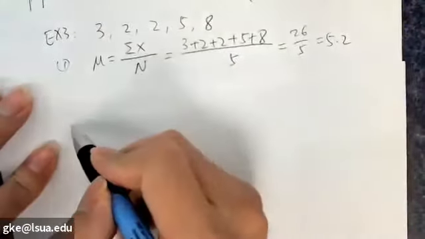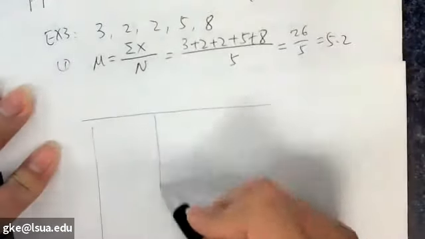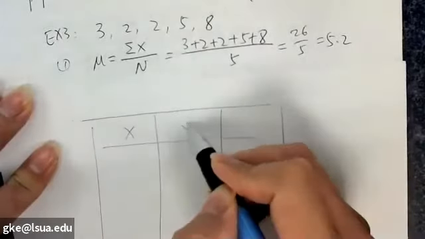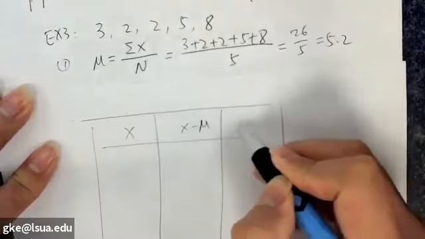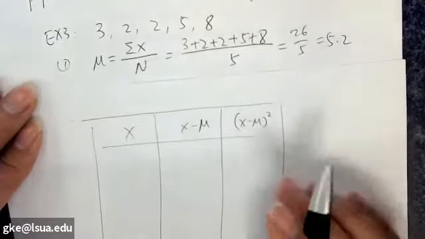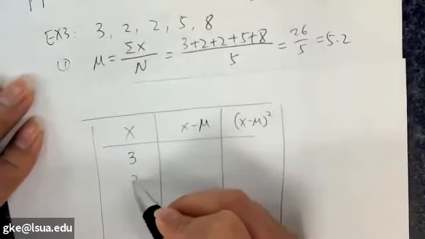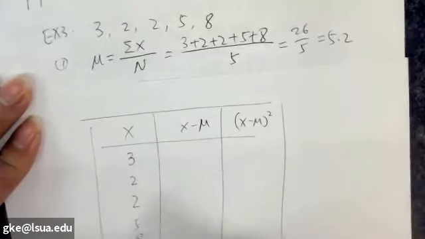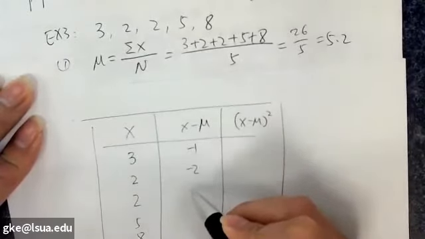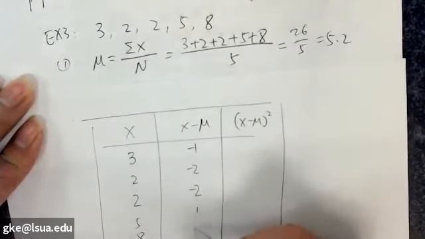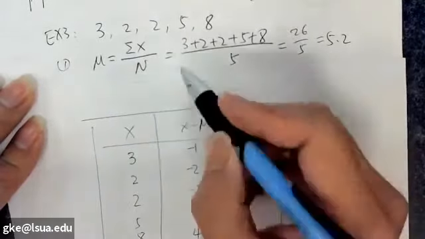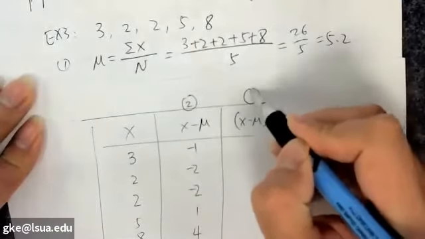We have three columns. X minus mu, x minus mu square. Now we have the entries. That is -1, -2, -2, 1, 4. Okay, we calculate the deviation now. That's the second step. Third step, we're going to do the square.